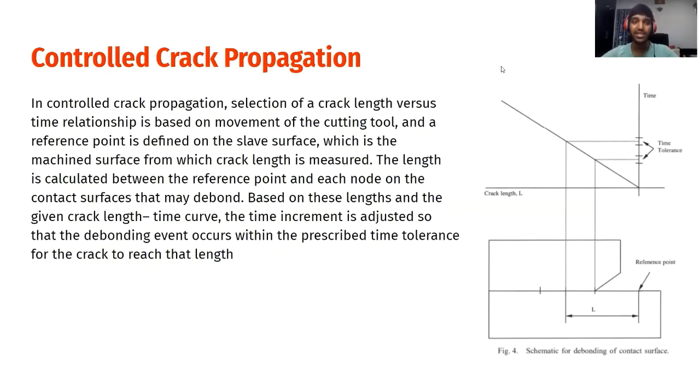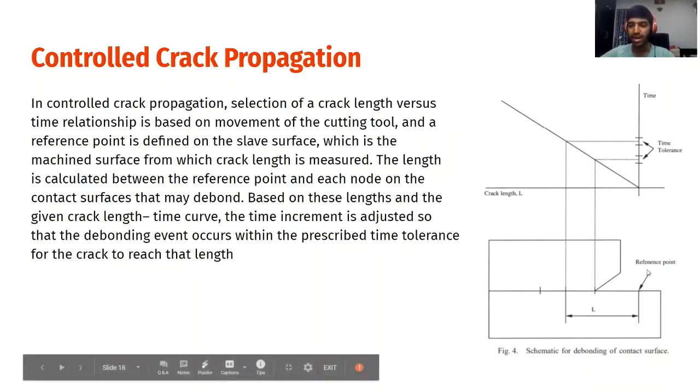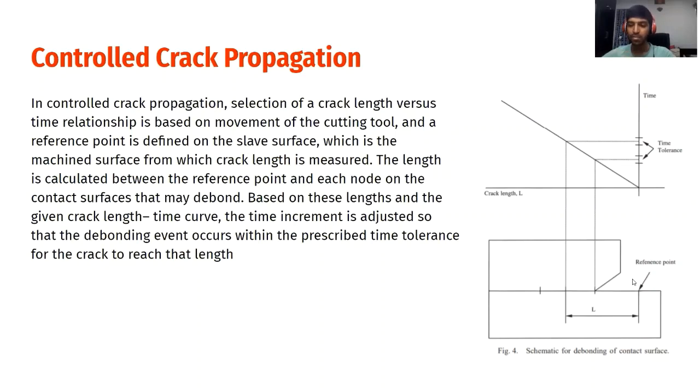So the next obvious question is, what exactly is controlled crack propagation? Well, in controlled crack propagation, we first choose a particular crack length versus time relationship, and this is decided on the basis of the movement of the cutting tool. In our case, like you can see, we've taken a linear relationship. After this, we select a reference point on the workpiece material, and as the nodes debond, we calculate the crack length in reference to the reference point.